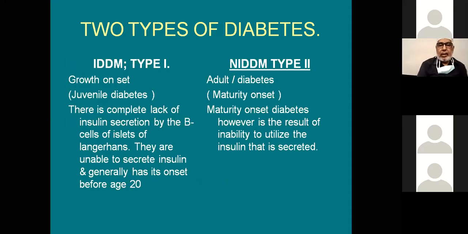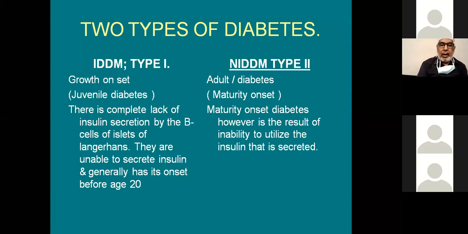Type 1 is also known as growth onset or juvenile diabetes, or insulin dependent diabetes, IDDM, type 1 diabetes mellitus.